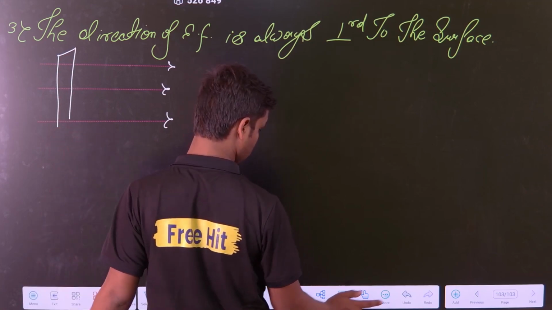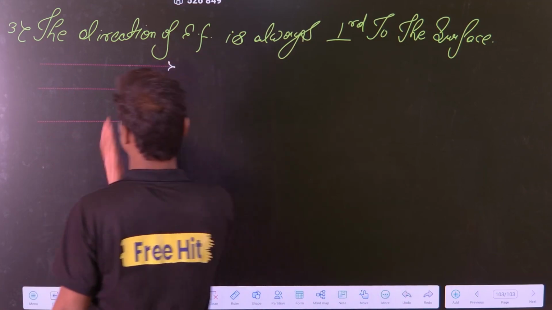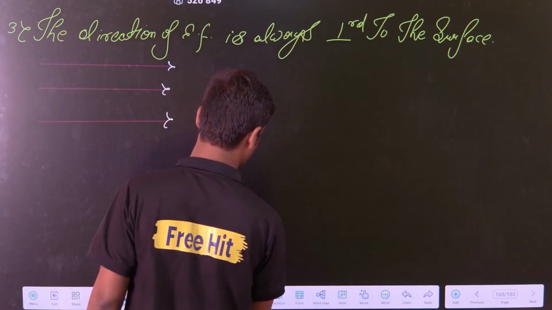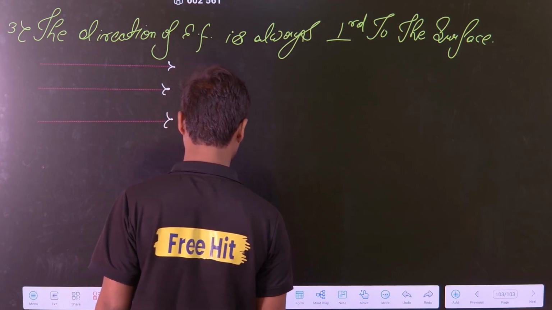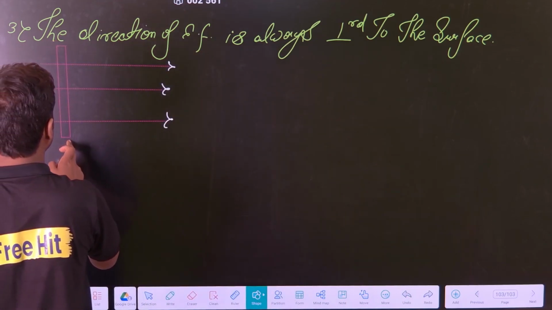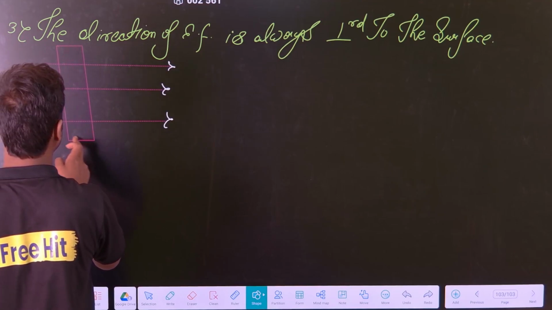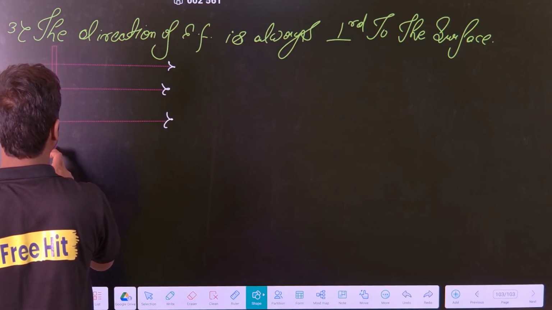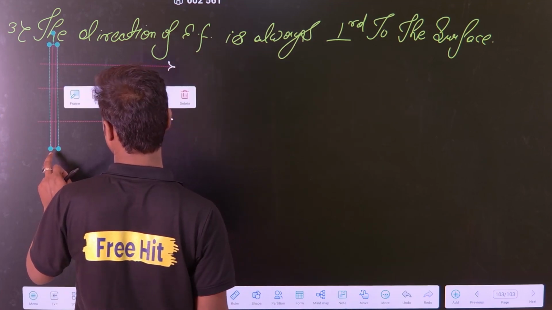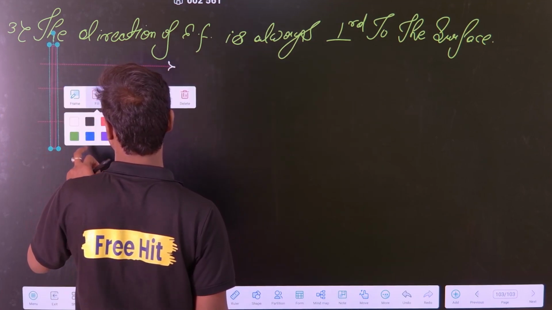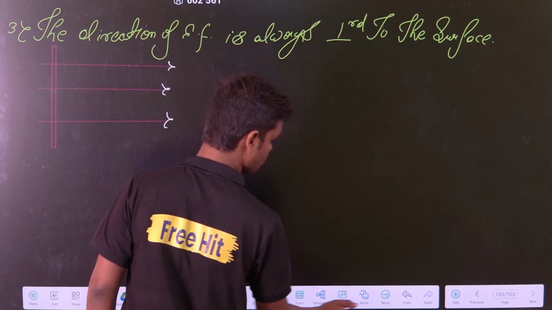Are you getting my point? I am trying to say it will be something like this. Okay, let me draw properly so you will understand it better. So my equipotential surface will be something like this.